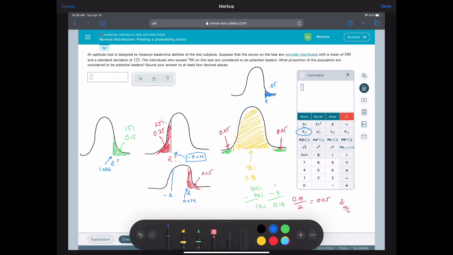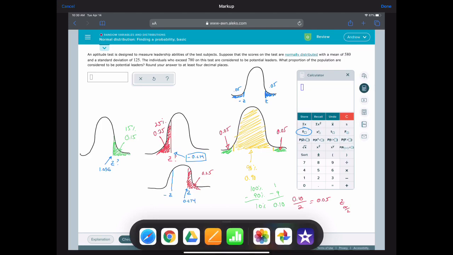A lot of times on ALEKS, it's going to ask for two blanks here, a negative blank and a positive blank, because remember, to find the left side, it's just going to be that same number, but negative. So a lot of times you're going to have two answers, a positive and a negative side to account for the 0.05 on both sides, which gives you 10% on the outside and 90% on the inside.